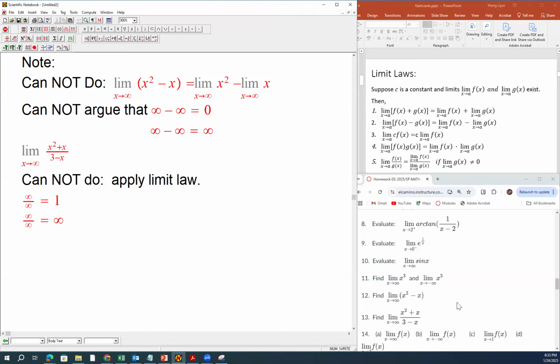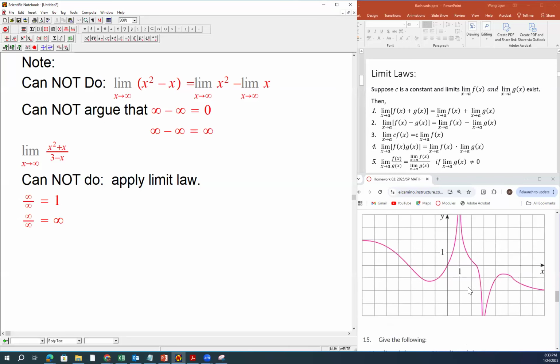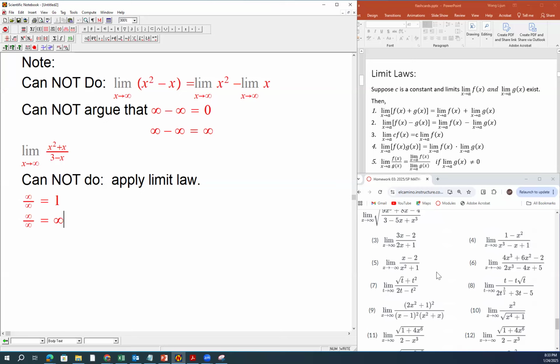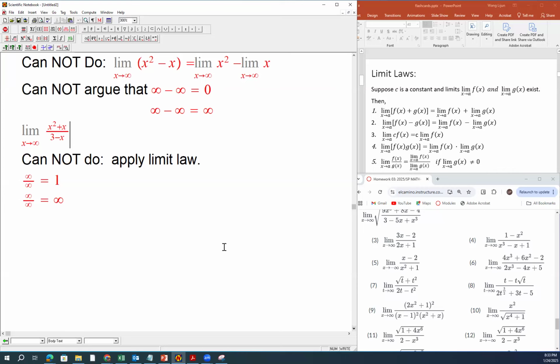We have seen many cases, right? Infinity over infinity is going to be a constant, or sometimes is 0, like in number 5's case. And we have many examples previously. So we cannot use these arguments. So what arguments can we use? Okay, so here it is.